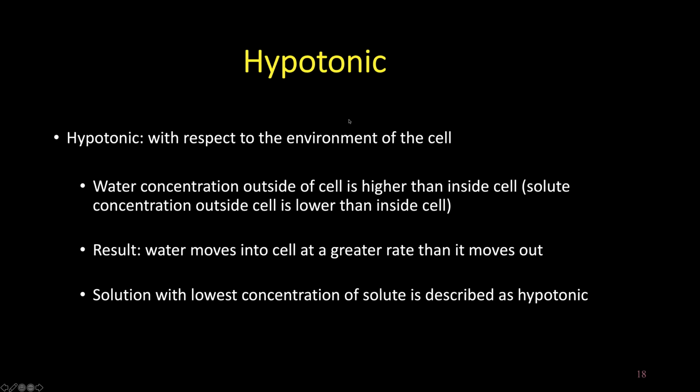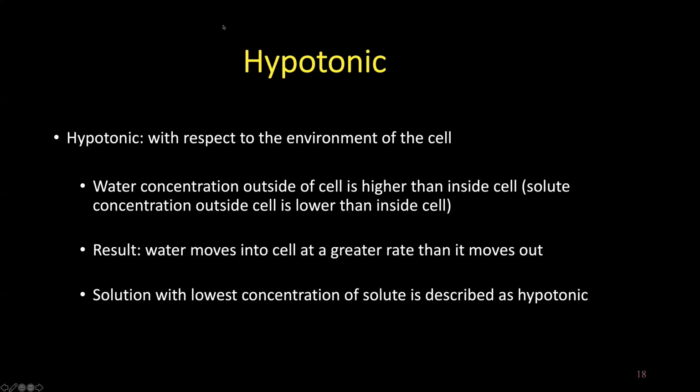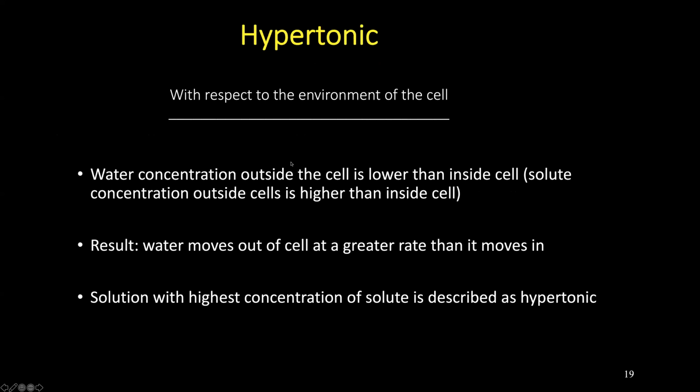And so hypo means that the solute concentration is low. And we're talking about the outside of the cell. And the result of this is that water moves into the cell at a greater rate than it moves out. Now that's hypotonic. Hypo means low.